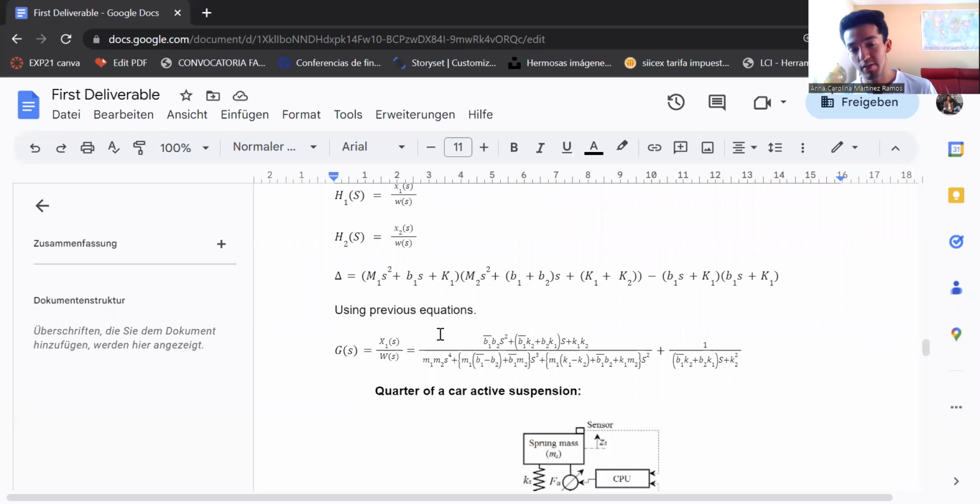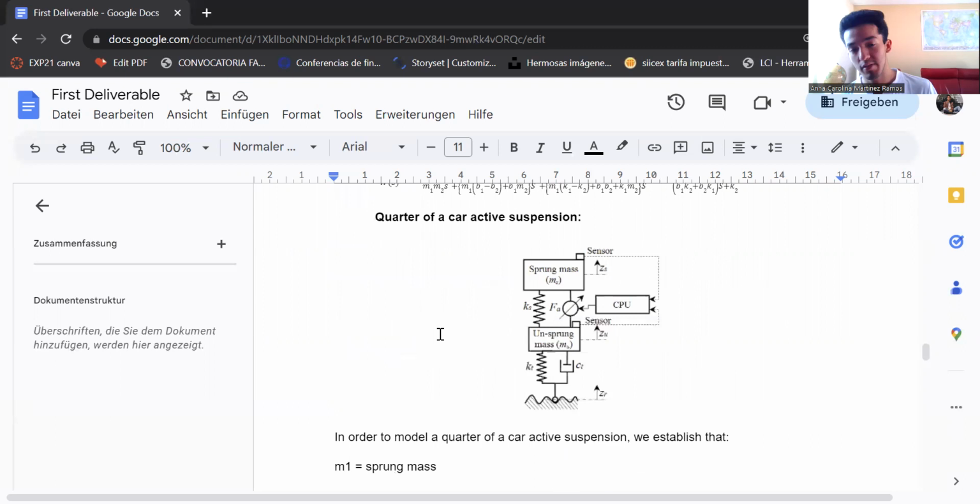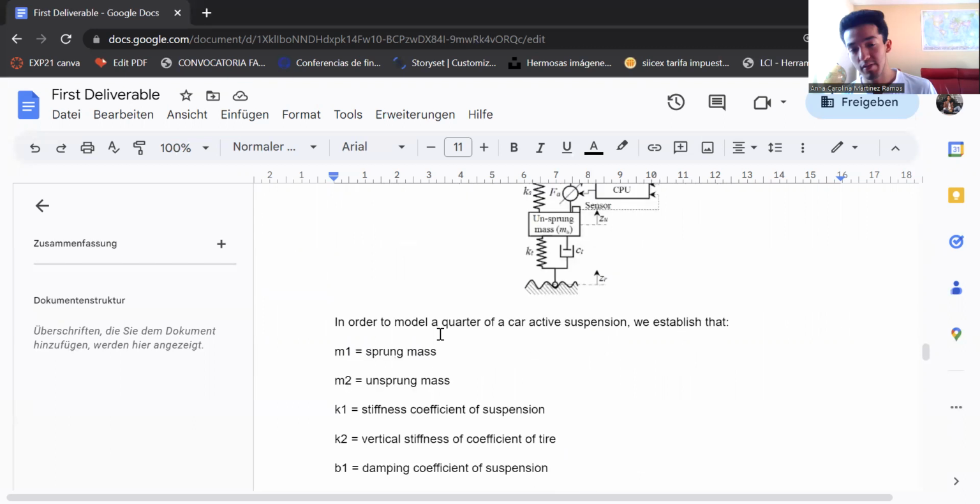And for our last quarter of a car, we have the active suspension, which we use this diagram. In order to model a quarter car active suspension, we establish these variables shown, and therefore we put them into an equation and differential equations.